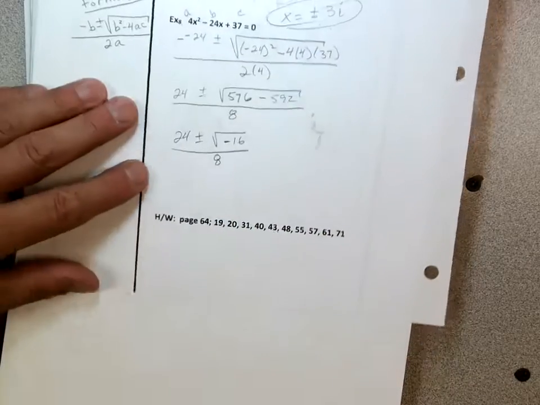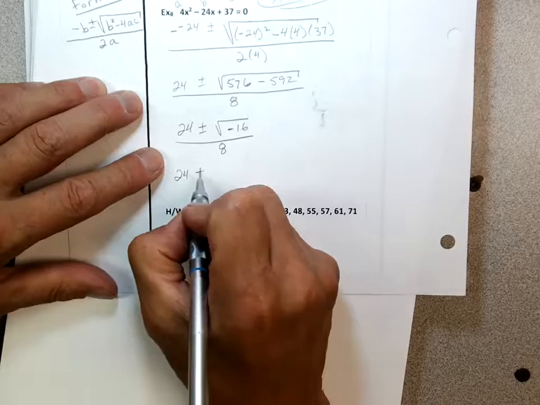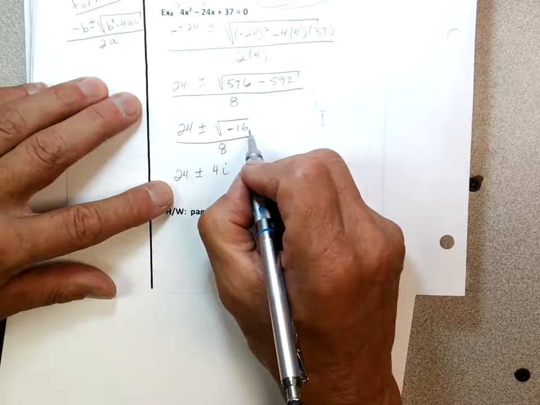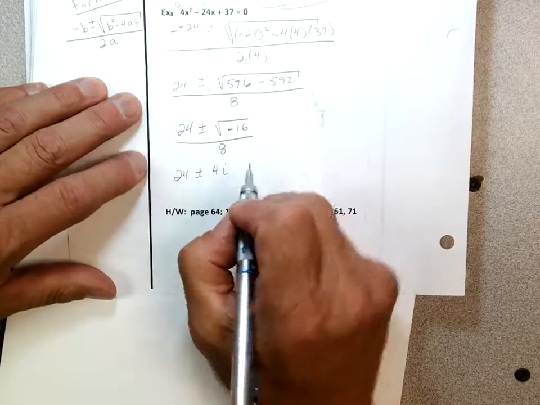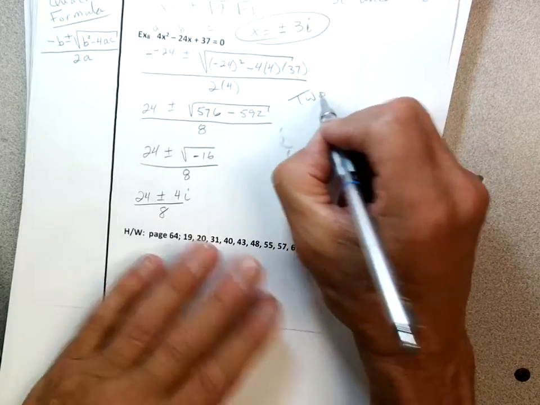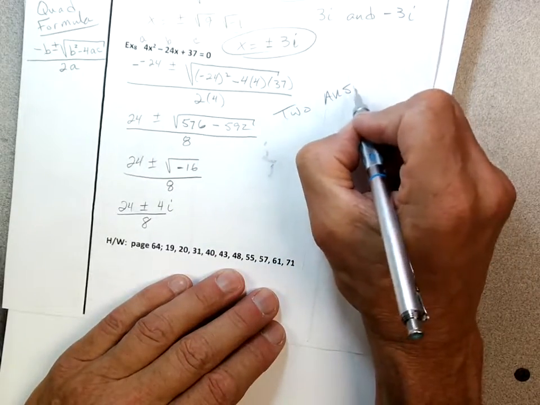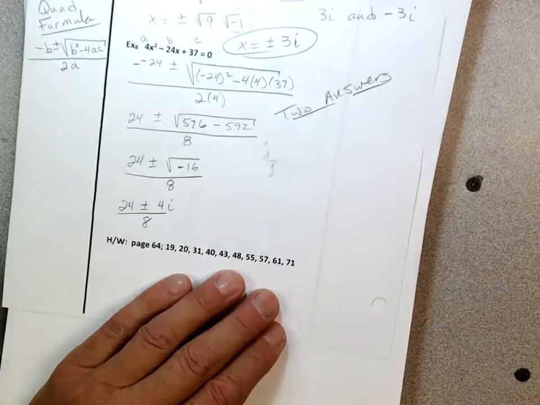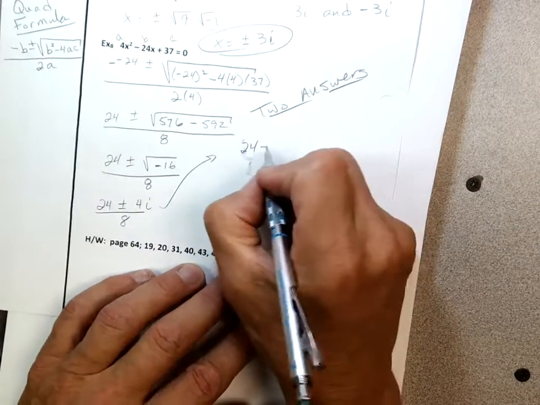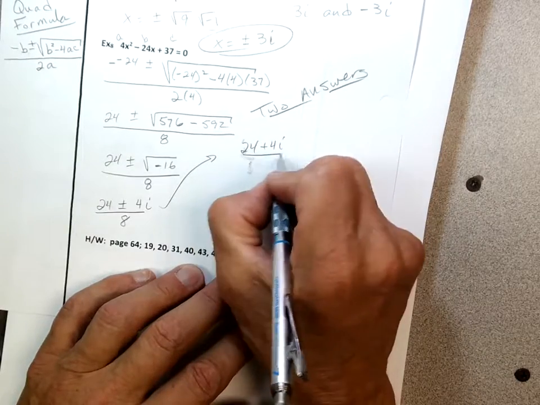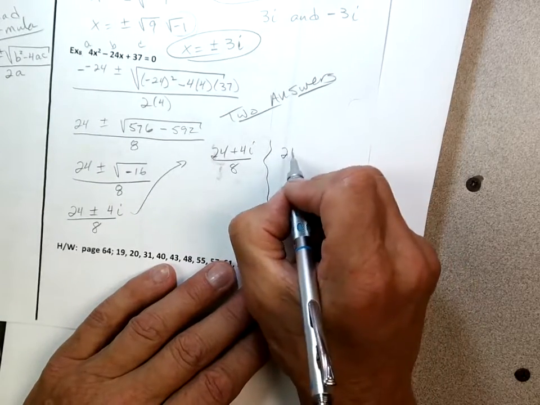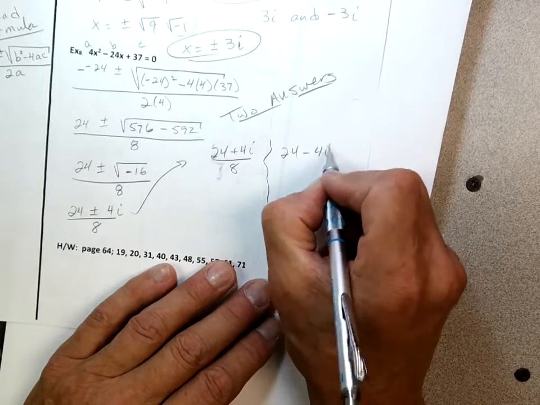Okay, so let's do this. We're going to go 24 plus or minus 4i, right? Because the square root of 16 is 4 and the square root of negative 1 is i, all over 8. Now there are two answers, okay? Let's figure it out. So we're going to have a 24 plus 4i over 8, and a 24 minus 4i all over 8.